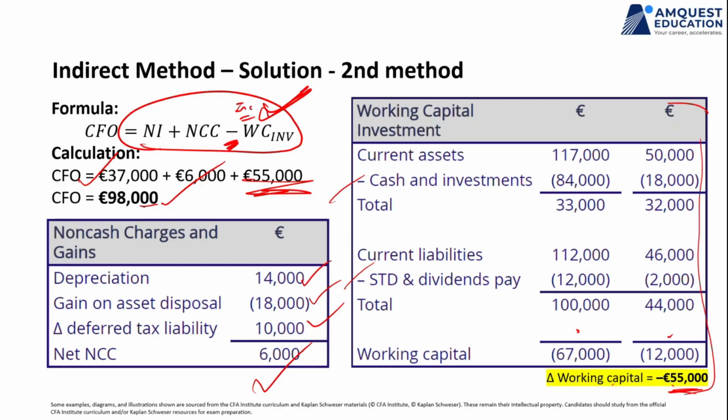So minus 55,000 with a minus sign actually increases your cash flow. Okay, this is why that 55,000 is getting added.